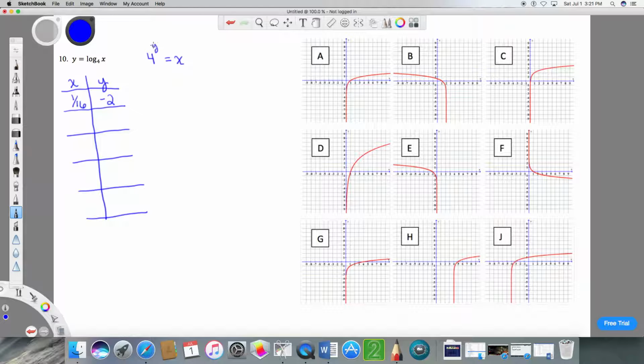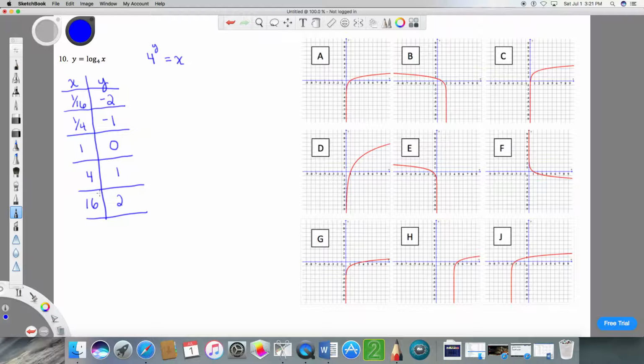4 raised to the -2 power is equal to 1/16. 4 raised to the negative first power is 1/4. And 4 raised to the 0 power, by definition, is 1. 4 raised to the first power is 4. And 4 raised to the second power is 16.